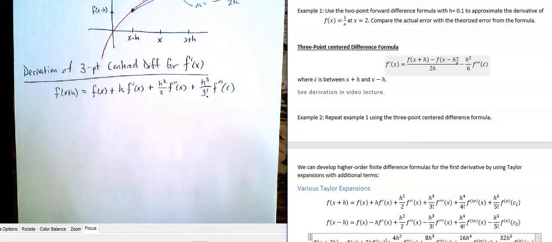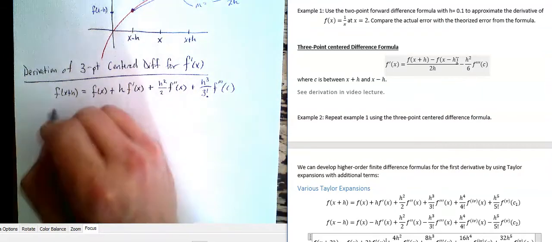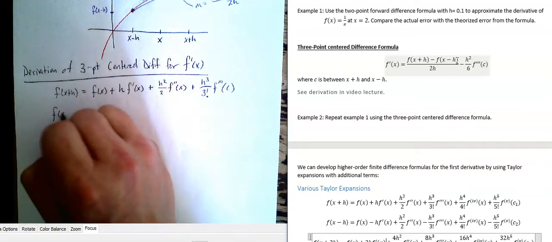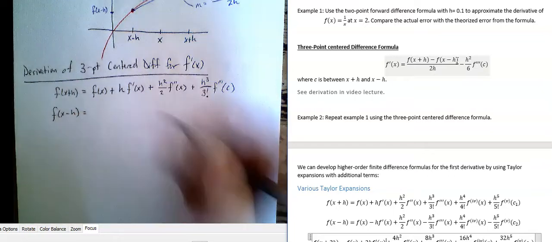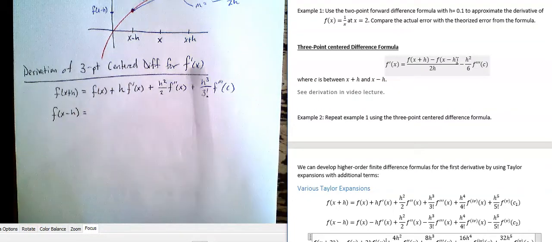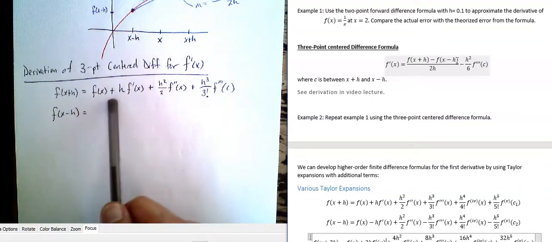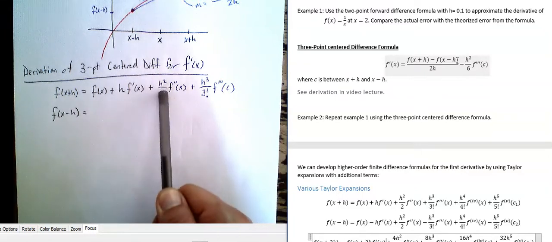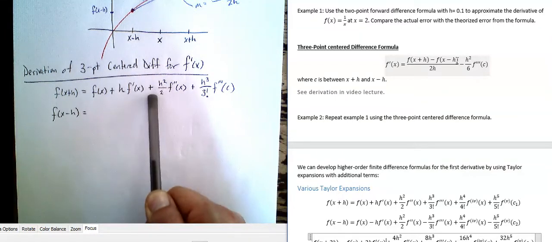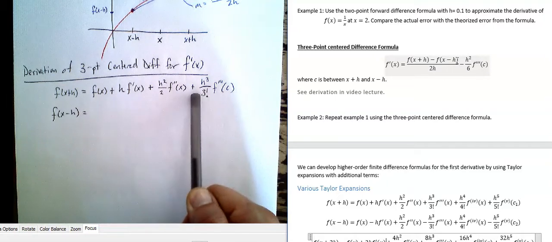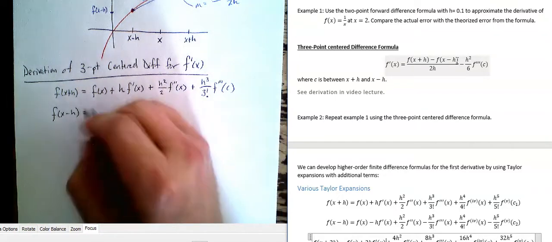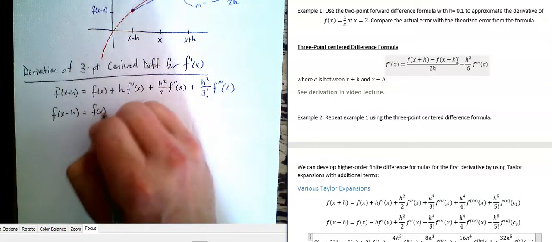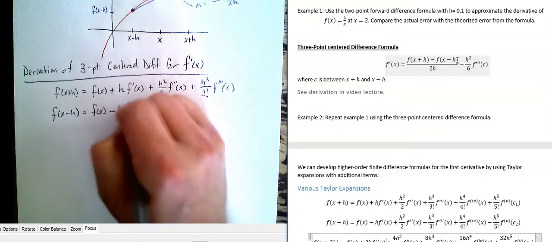We also need f of x minus h. This one's similar, except we're going to have some sign alternation. So every time we have an h, it will become negative h, so that's going to make a minus there. Negative h squared is still going to be positive, and then negative h cubed is going to be negative. Same terms, but with alternating signs.